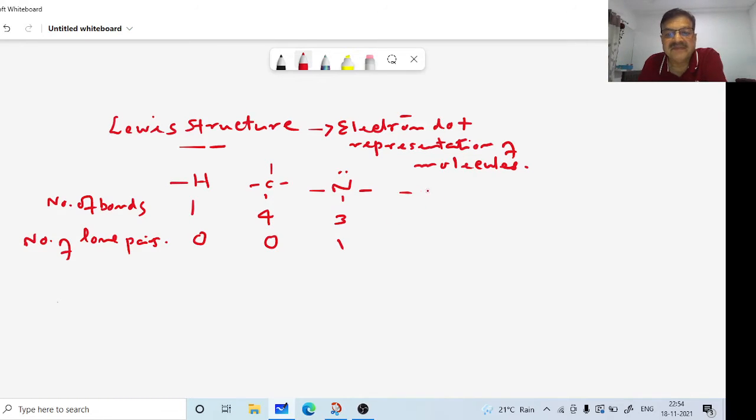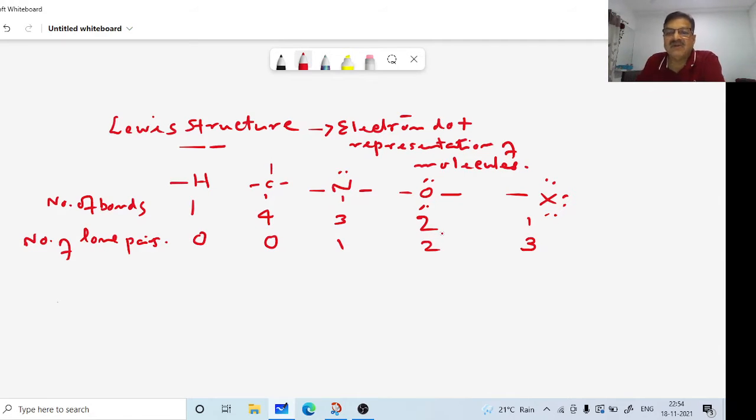Oxygen can form 2 bonds and has 2 lone pairs of electrons. Halogens we represent by the letter X, which stands for fluorine, chlorine, bromine, iodine. A halogen can form 1 bond and has 3 lone pairs of electrons.